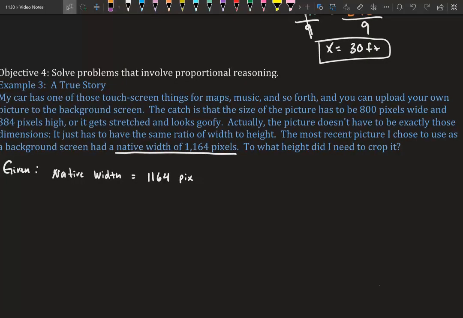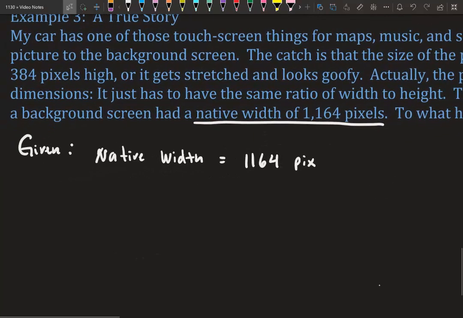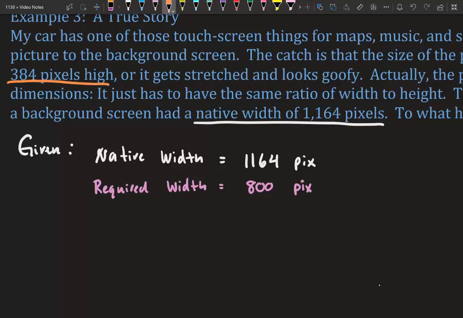So it says the required width should be 800. And then it gave us the required length. Should be 384. So we need to find the ratio.